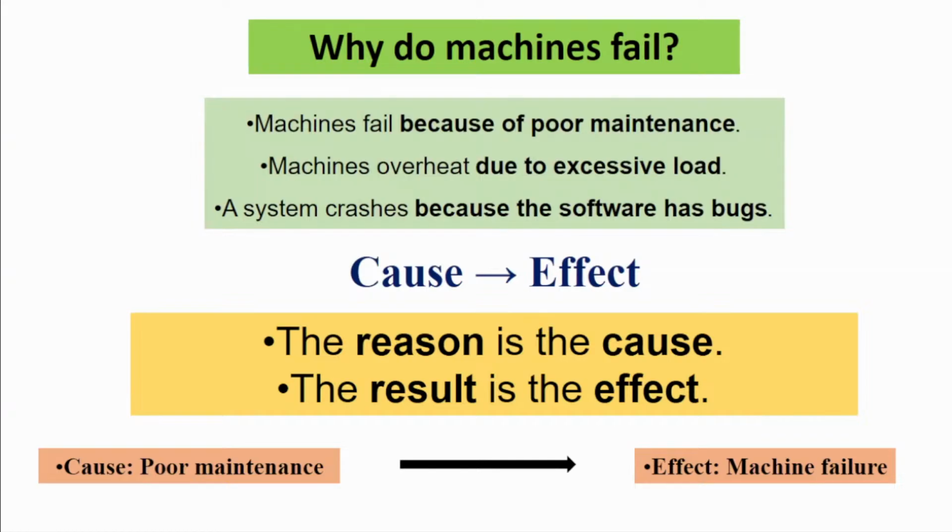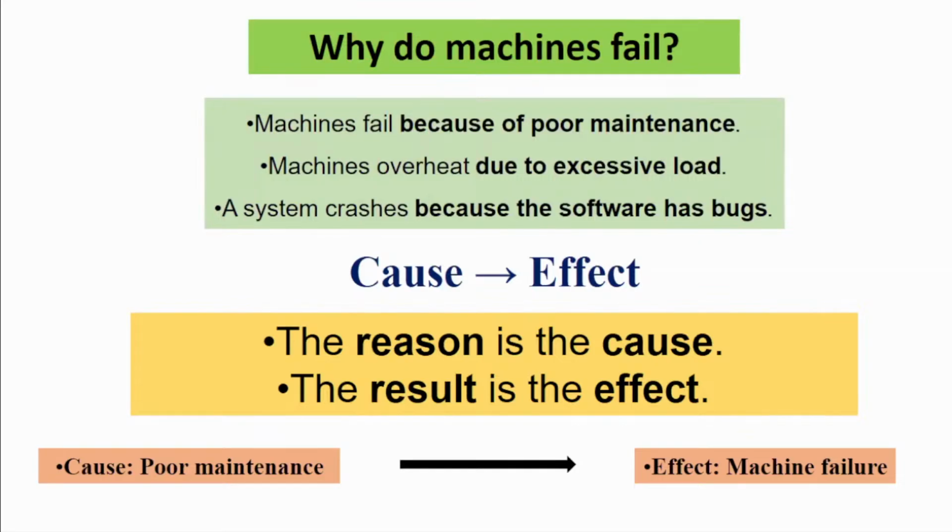Right? So you can see similar words like because of, due to, and because, right? So there are several terms which say why the machines fail. It's like the answer to the question why the machines fail. So because of poor maintenance, due to excessive load, because the software has bugs.